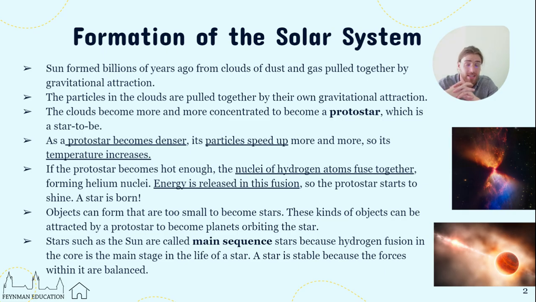Eventually, this protostar is going to get so dense and so hot that fusion is going to occur. Now, fusion is when hydrogen atoms are going to fuse together to become helium. This is going to release a lot of energy, and it's then going to form a star.